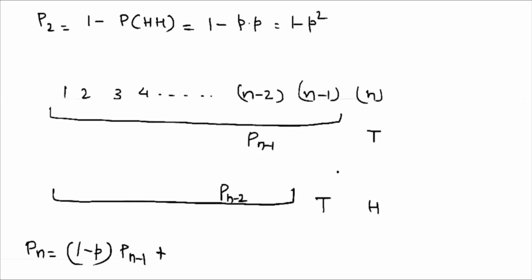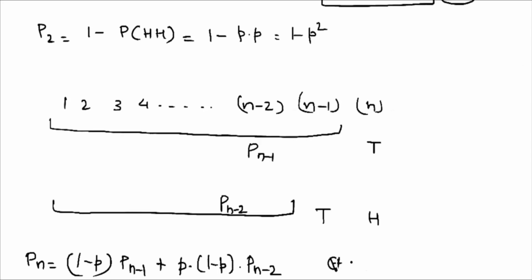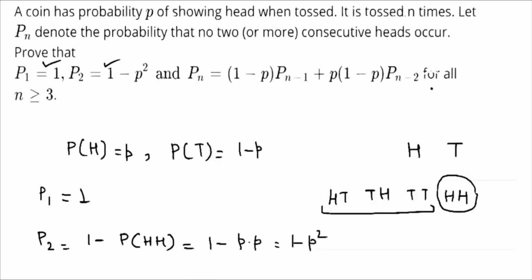So this will be equal to probability of getting a head in the nth draw, that is P. And so we will multiply the probability of getting a tails in the n minus 1th draw, which is equal to 1 minus P, and the probability that we don't get two or more consecutive heads in n minus 2 draws, that will be equal to Pn minus 2. And this is valid for all n greater than or equal to 3, and this is what we needed to prove.